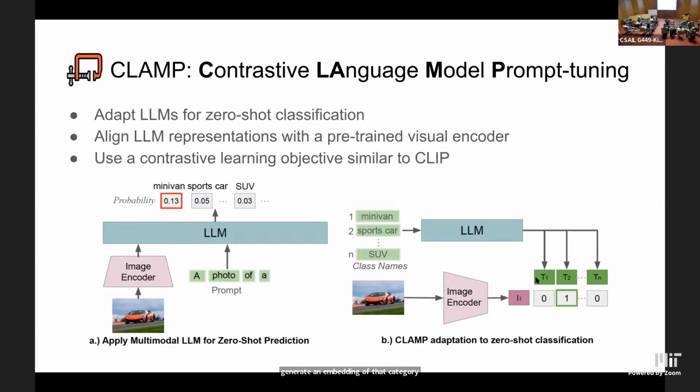For example, T1 is the embedding of the first category, minivan, and T2 is the embedding of sports car. Then we also take the image encoder embedding, and we compute similarity between the image embedding and the word embedding. And then we apply the contrastive training objective. So it's contrastive training as opposed to generative training.